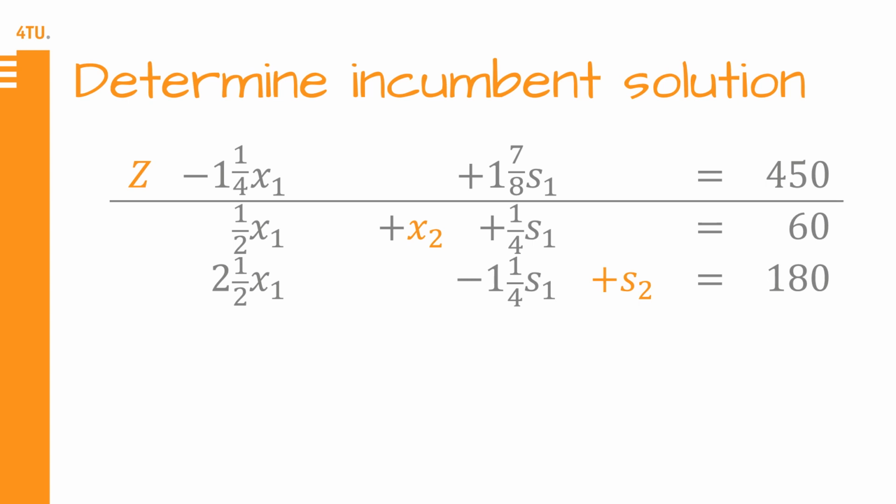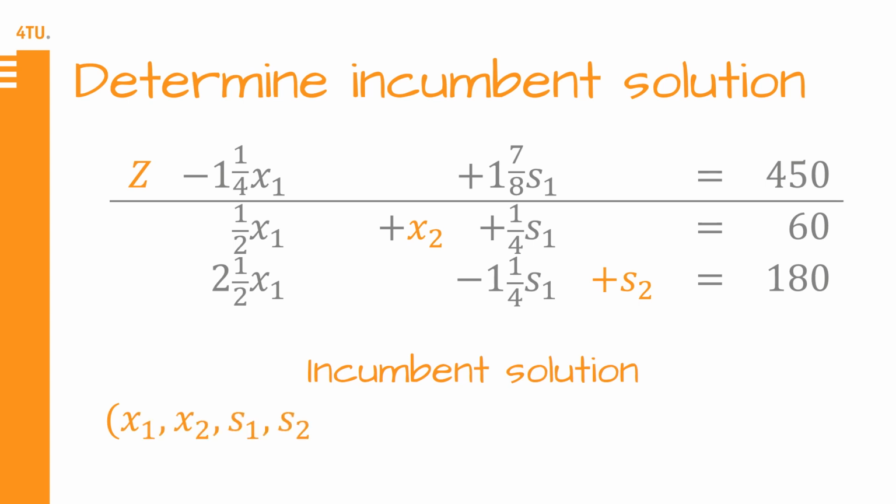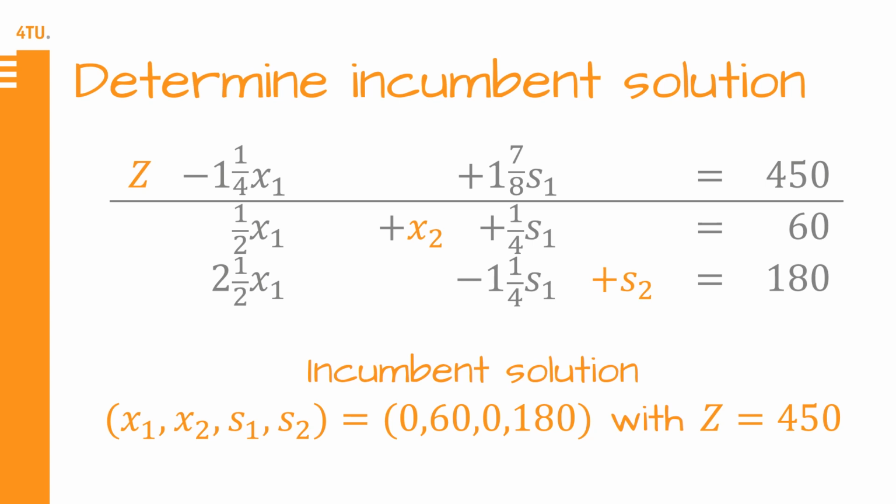Now, because basic variables x2 and s2 each appear in one equation only, and the coefficients of their terms are 1, this makes it again very easy to read off the values for the incumbent solution. Because the non-basic variables x1 and s1 are now set to 0, we have x2 equal to 60, s2 equal to 180, and z equal to 450.